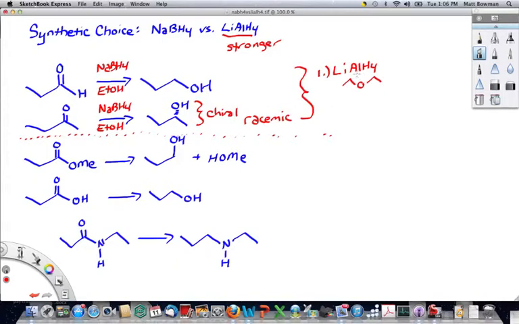Lithium aluminum hydride is different. You have to use an aprotic solvent, such as ether, first. And then once all the carbonyls have been reduced, you have an acid workup step to supply the proton.